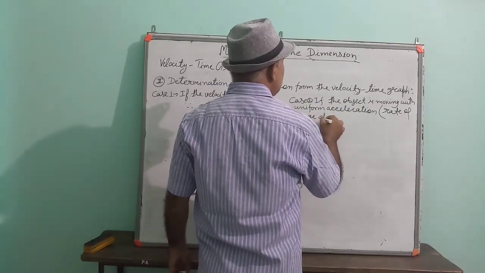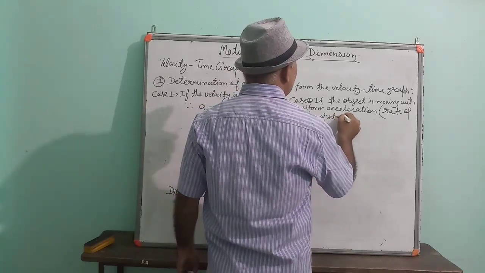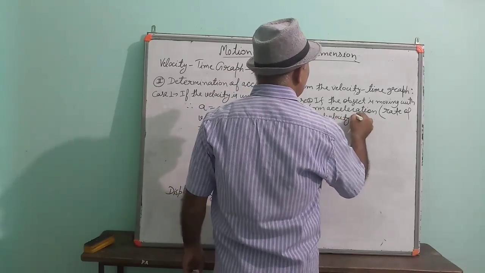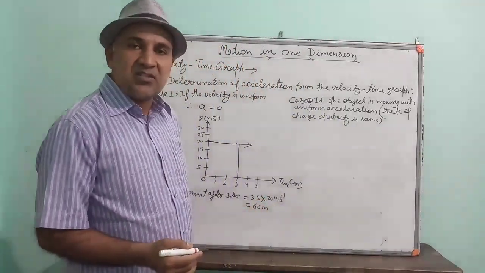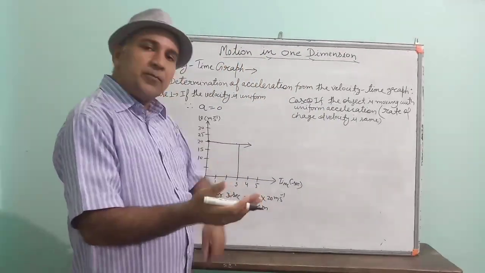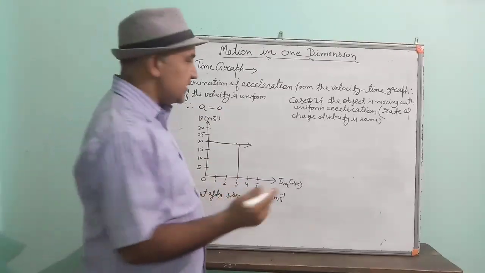Rate of change of velocity is the same. This is the meaning of uniform acceleration. In the same time interval, the same velocity is increasing.